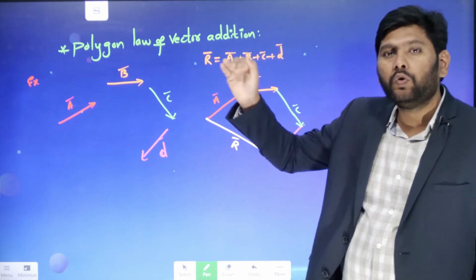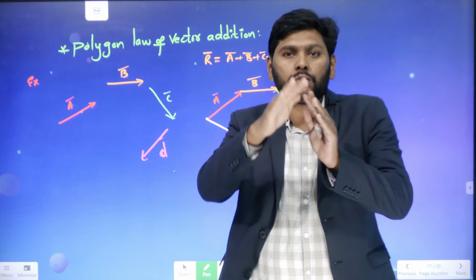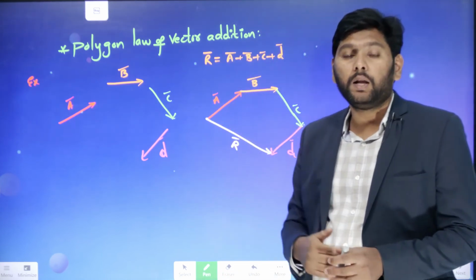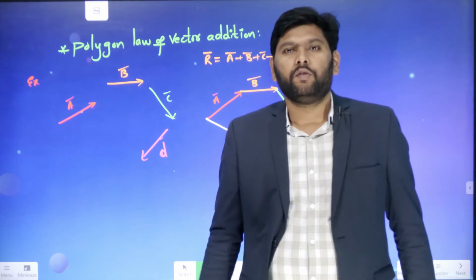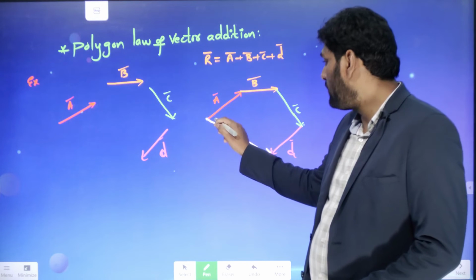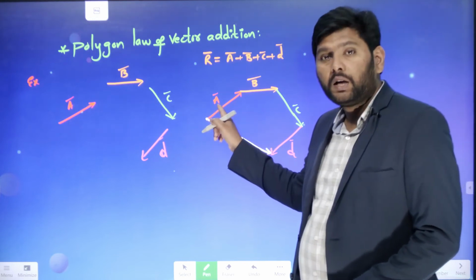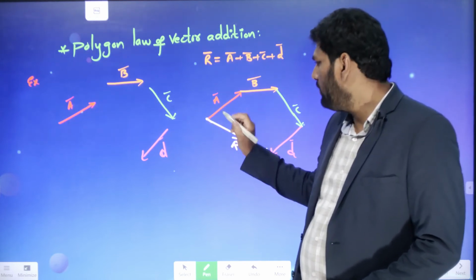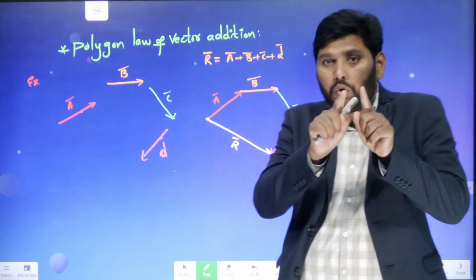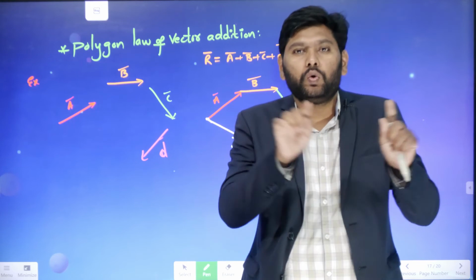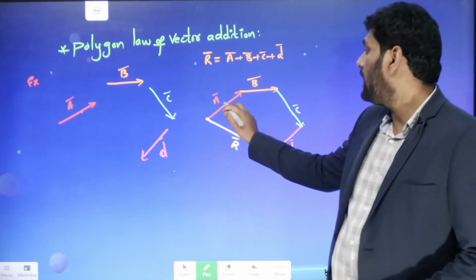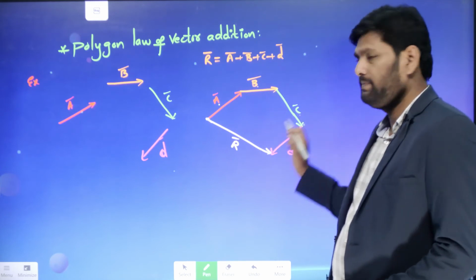But finally, the closed side of the polygon will give your final result. The closed one is from where to where? From the initial vector tail to the final vector head. The closed line will give the final resultant vector of all these A, B, C, D.